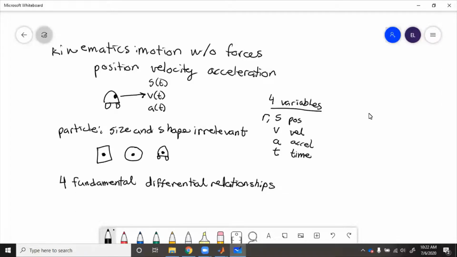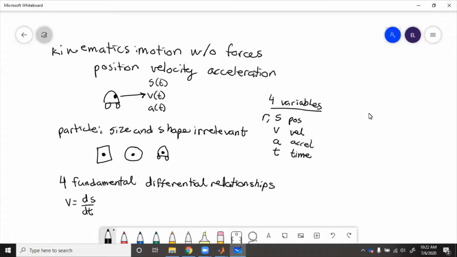So we can relate position to velocity and time. We know that velocity equals ds dt. Velocity is the derivative of position. So if position is in meters, and time is in seconds, velocity is going to be in meters per second. So a lot of these relationships you can figure out based on the units.